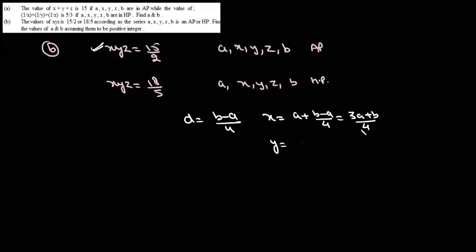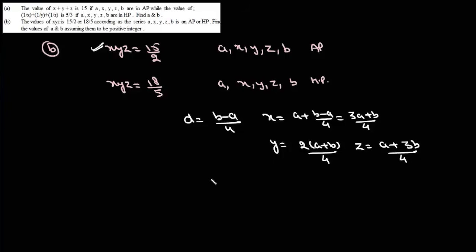Y is X plus D. So it will be 2A plus B by 4, and Z will be Y plus D, which is A plus 3B by 4.